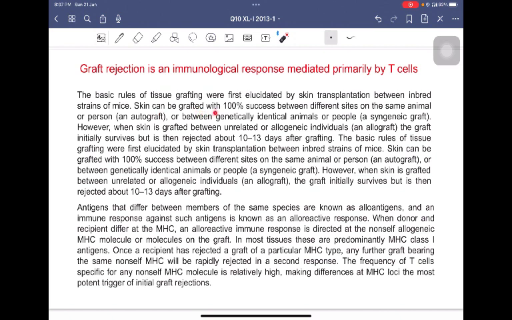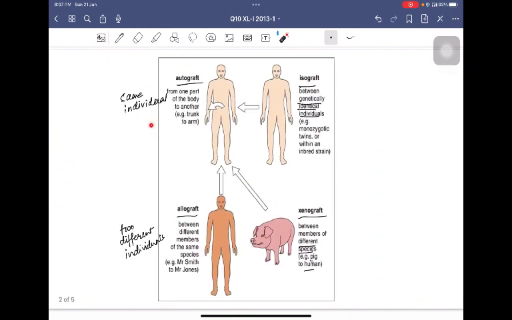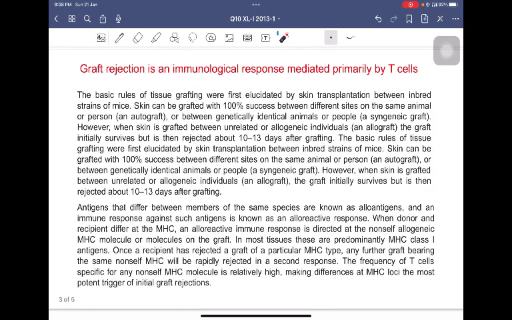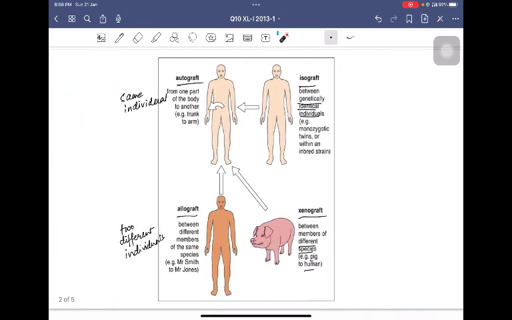Skin can be grafted with 100% success between different sites on the same animal or person, which is autograft. This is something that we discussed first. Autograft is when skin from one part of the body is replaced onto some other part. That is usually 100% success, as is grafting between genetically identical animals or people, which is a syngeneic graft or an isograft.